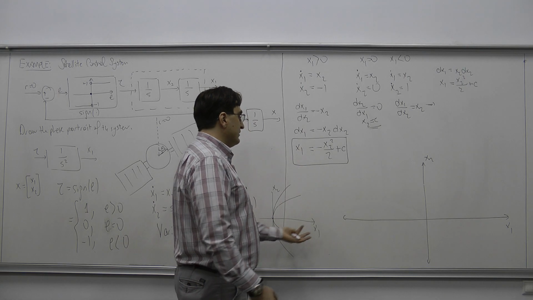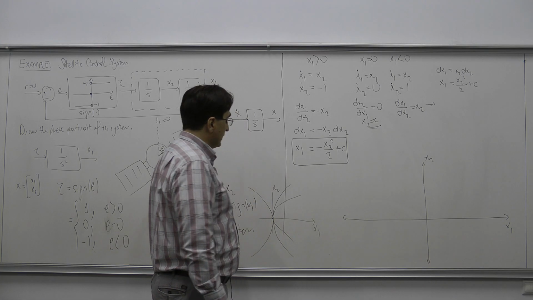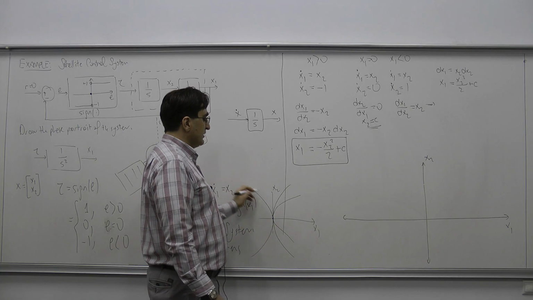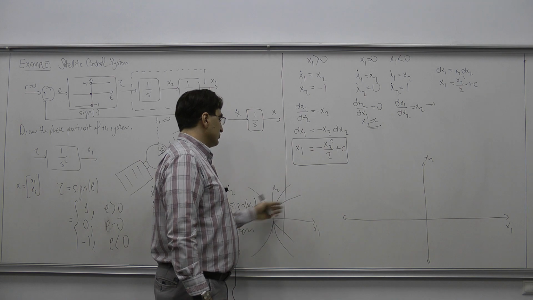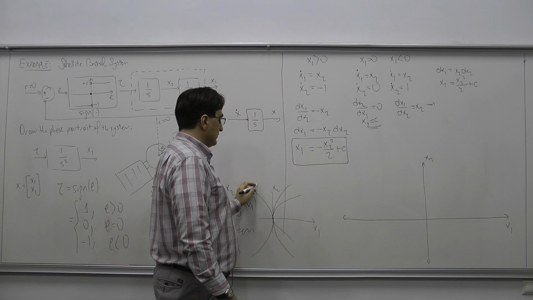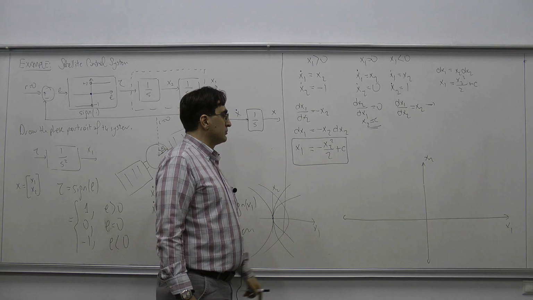And I have negative x2 squared over 2, so these things would be looking like this. So these equations would be looking like reverse parabolas, and I will still shift them to the right. Okay, why is that? Because of this c here, c plus minus x2 squared over 2.